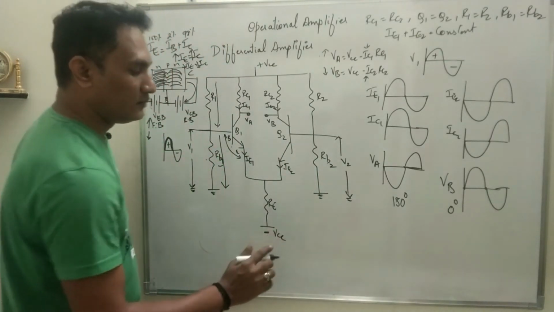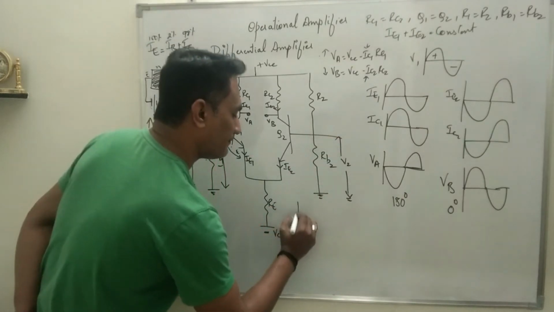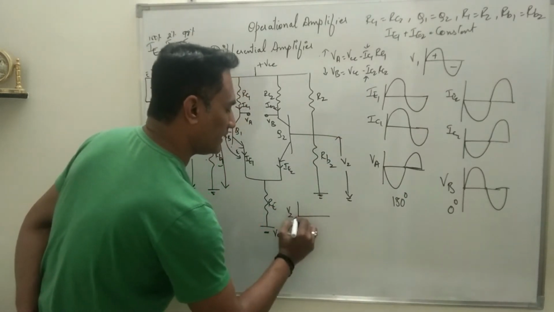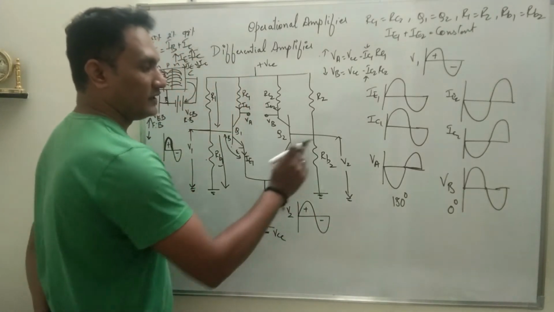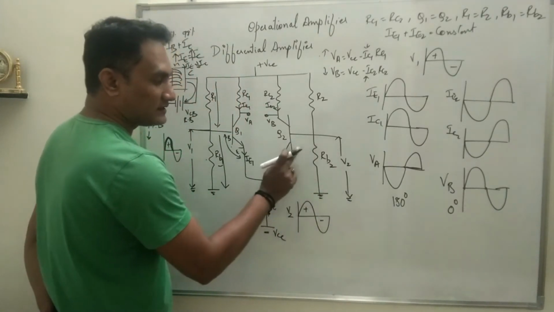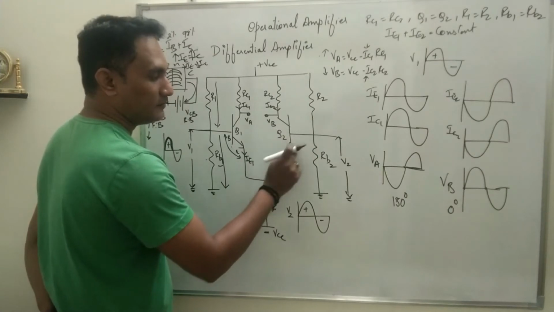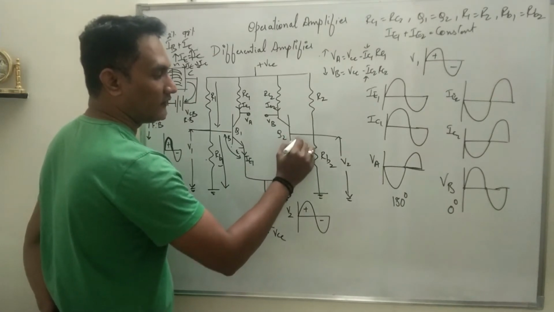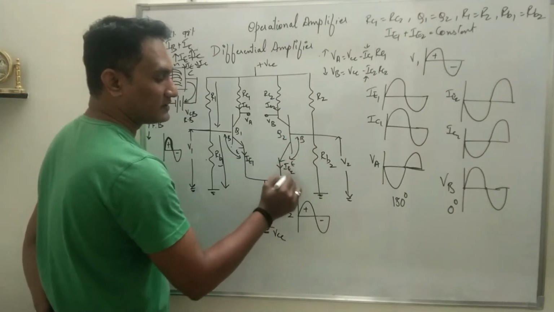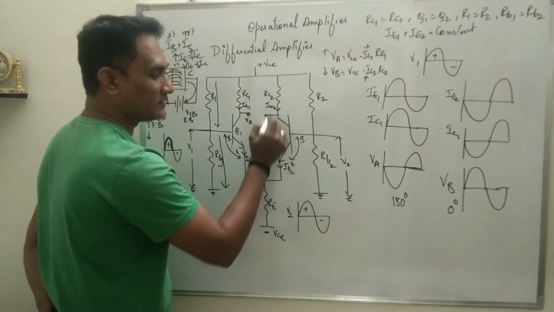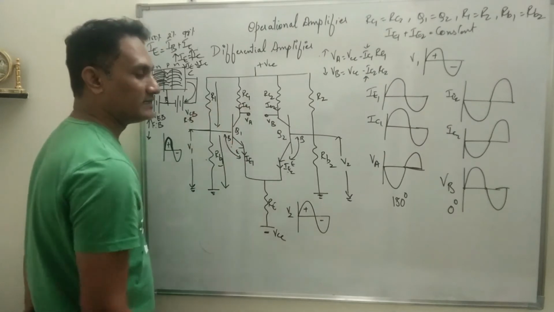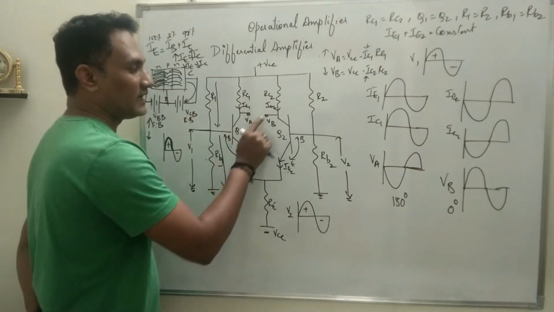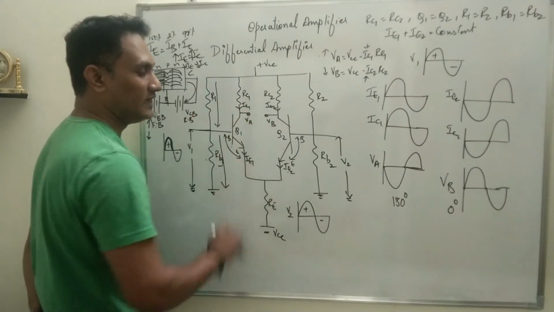The same thing we can understand if we apply voltage at V2. When you apply voltage at V2, the first thing affected is the base emitter junction of Q2. That means IE2 will change, IC2 will change, and as IE2 changes, IE1 will change, IC1 will change, and when IC1 and IC2 change, VA and VB will change.